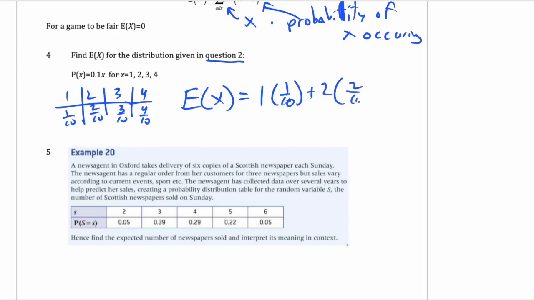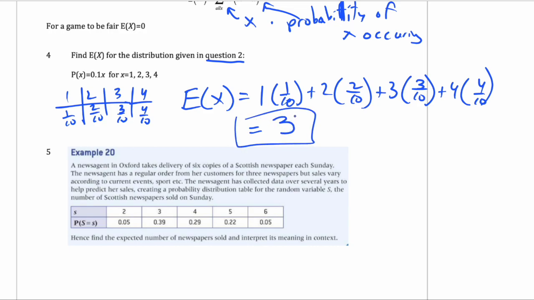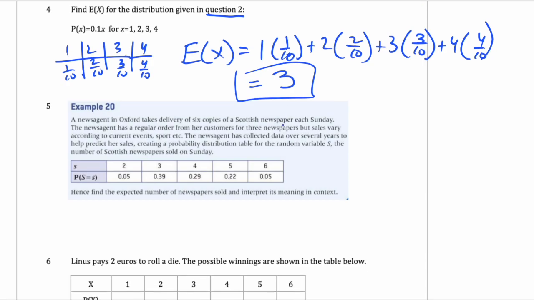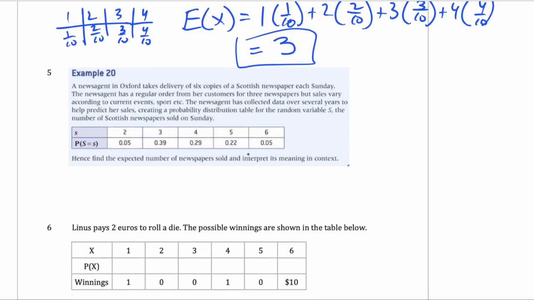So we do this here to work out the expected value, which is the amount you would expect to get on average. If we do that and work it all out, I believe you get exactly 3. So that's the average amount that you would get.